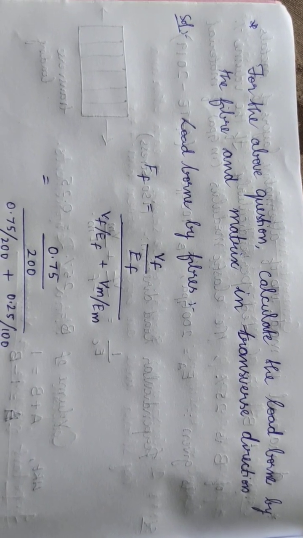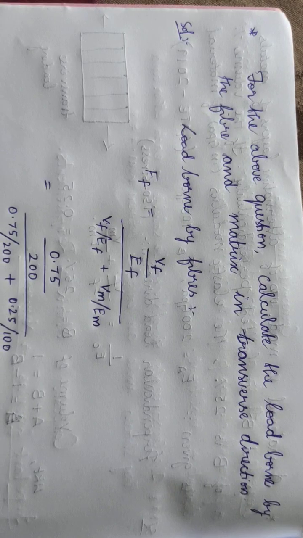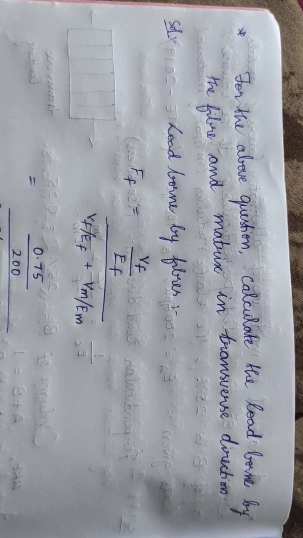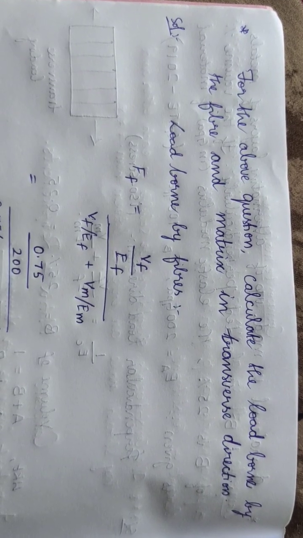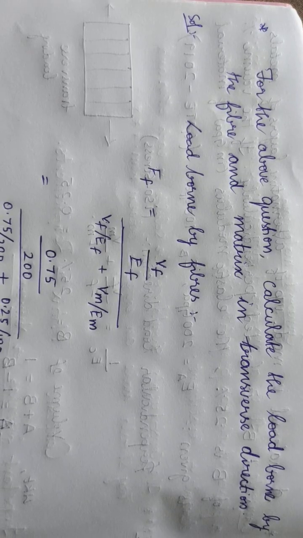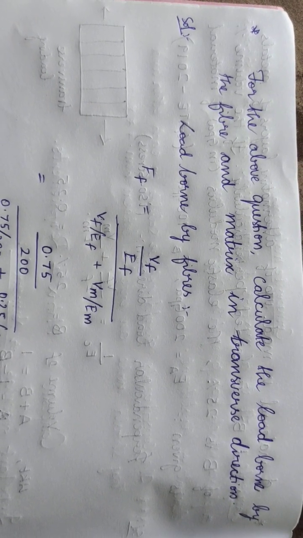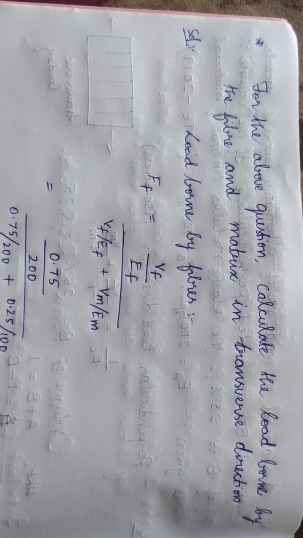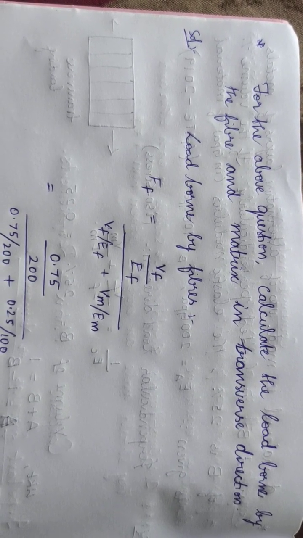Now let's see another question. For the above question, calculate the load borne by the fiber and matrix in the transverse direction. As we previously looked at, the load borne by the fibers is Ff equals Vf by Ef divided by Vf by Ef plus Vm by Em.